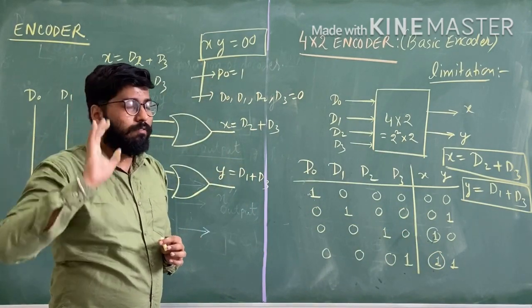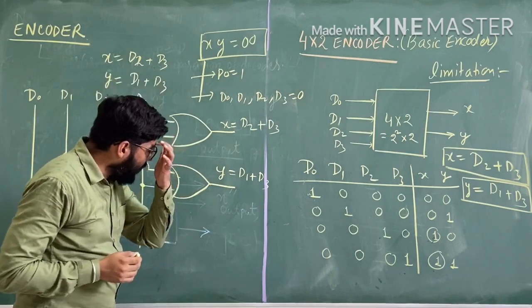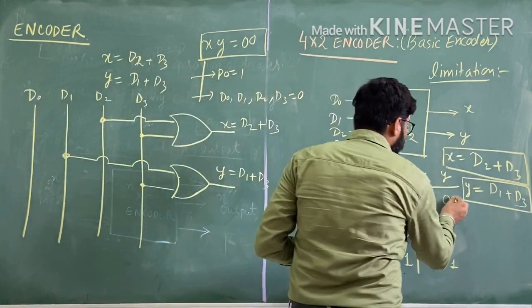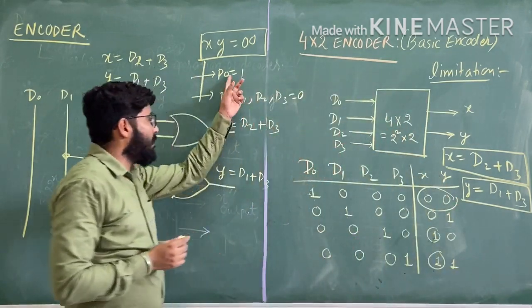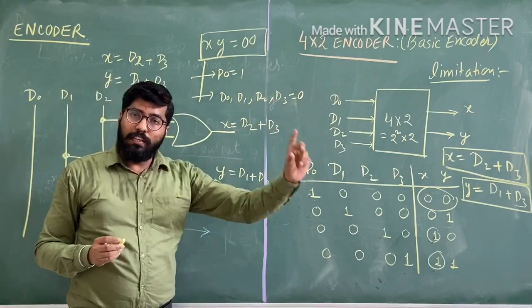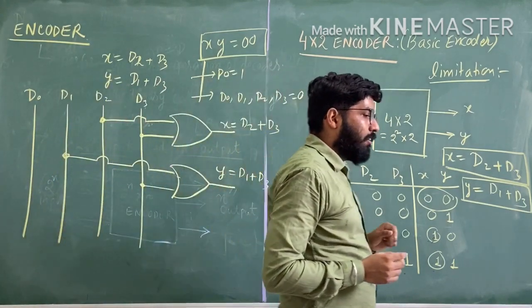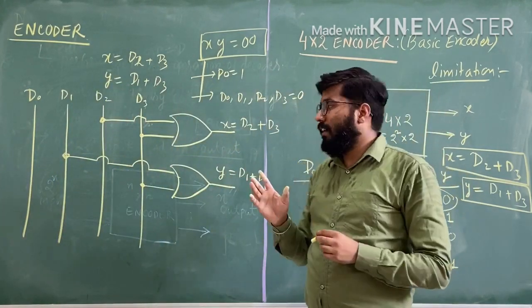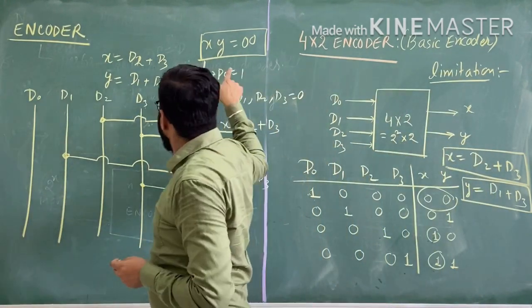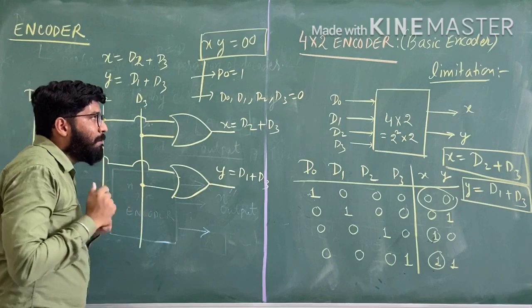This is limitation number 1. Limitation number 2 is that xy is 0 0 in two cases. First case, d0 is 1, and second, d0, d1, d2, d3 are all 0, we will get xy equals 0 0. So the encoder will not recognize which is the valid output in that condition or that condition. So this is the limitation.